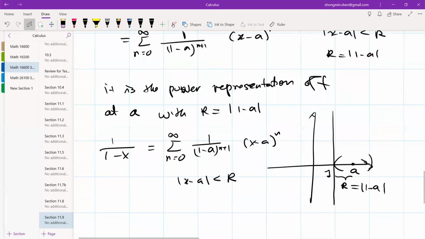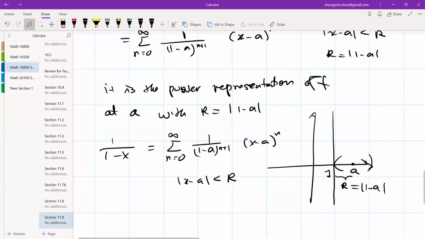So I can actually find the power series representation for 1 over 1 minus x everywhere except at 1, because the function is not defined at 1. The power series and the function match only on an interval, and the largest possible interval is the one that touches the vertical asymptote. This is the largest interval you can get.